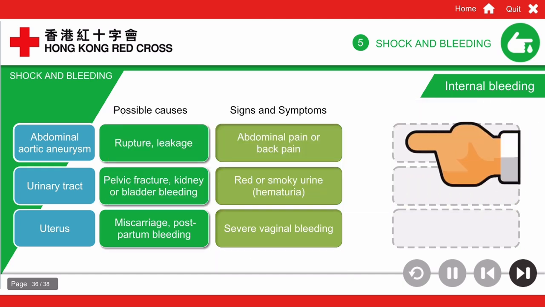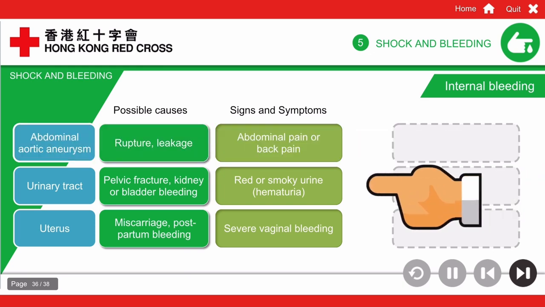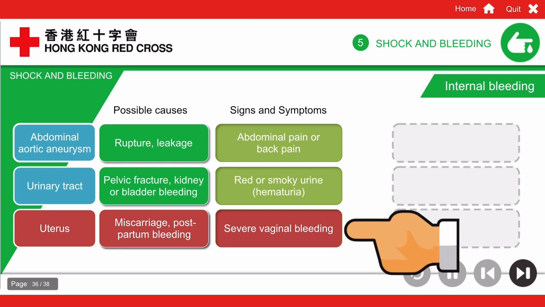Your match. If the victim has abdominal pain or back pain, he or she may suffer from rupture or leakage of abdominal aortic aneurysm. Bleeding in urinary tract due to pelvic fracture and bleeding from the kidneys or bladder may cause red or smoky urine. In case of severe vaginal bleeding, it could be bleeding in the uterus due to miscarriage or postpartum bleeding.